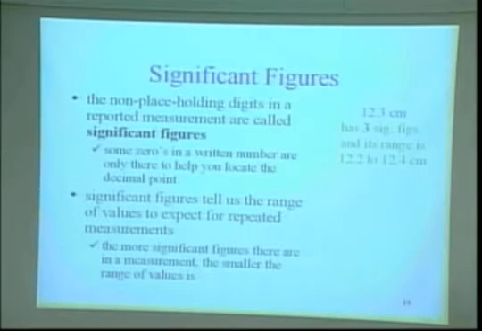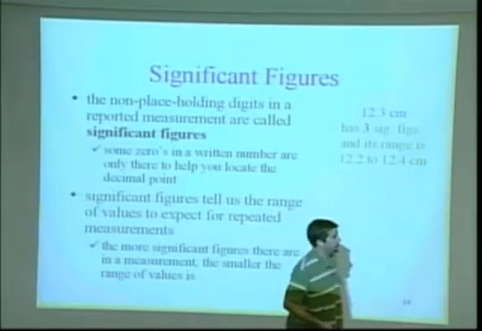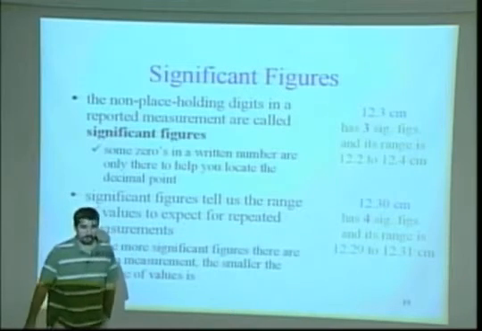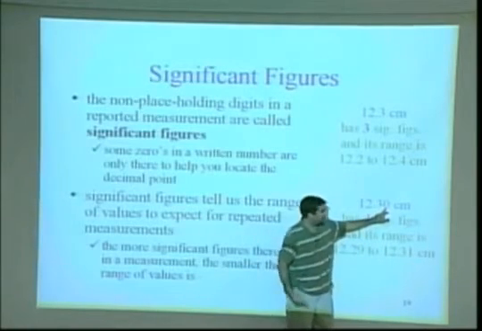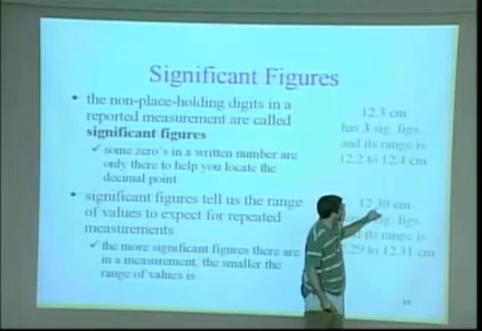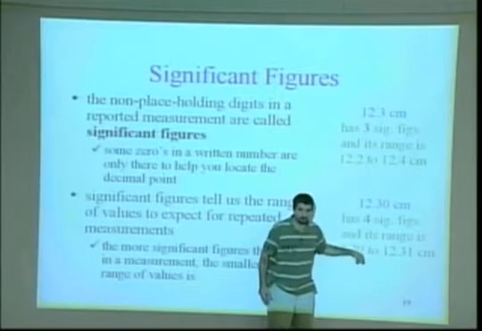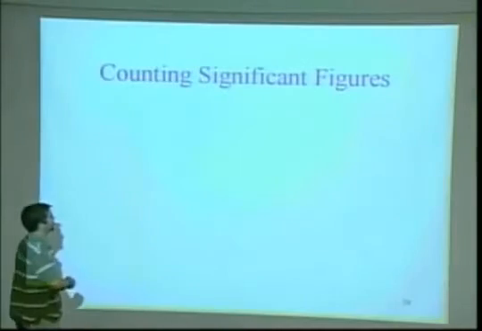If I had 12.34, I've narrowed my range. I've increased the number of sig figs from 3 to 4 because all of those are contributing to the narrowing of that range, expressing certainty. So 12.30 has 4 sig figs. This 0 adds certainty. If I take it away, 12.3, my window is 12.2 to 12.4. With that 0 there, look how much more I've narrowed my window down, right? So I've become more certain. It actually has 4 significant figures as written.